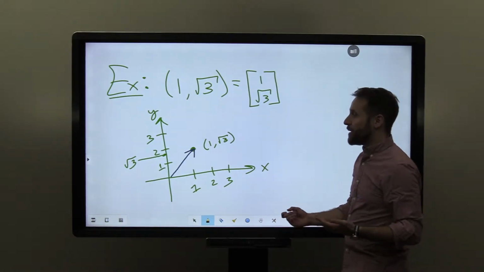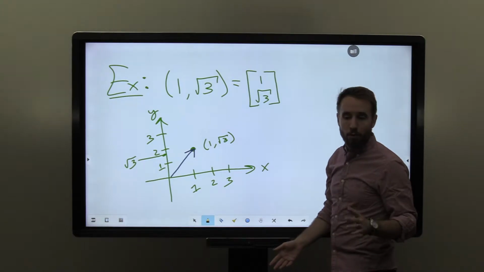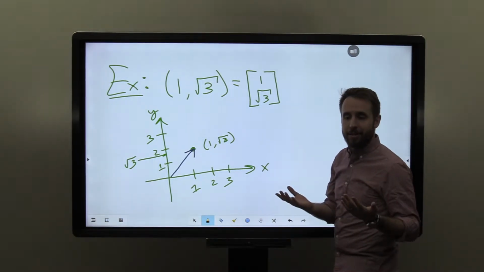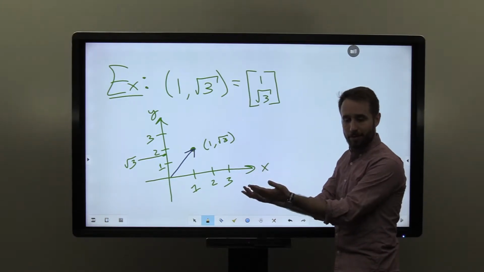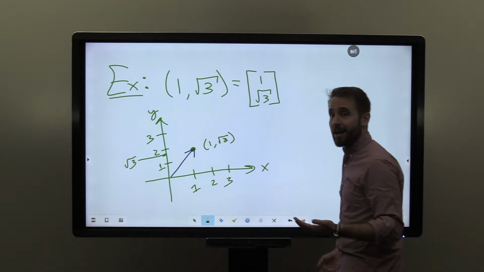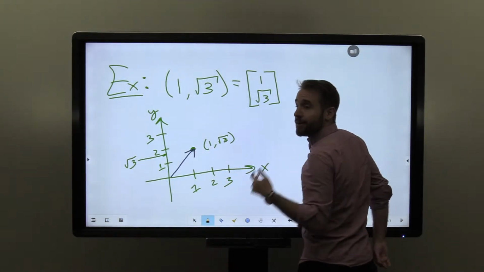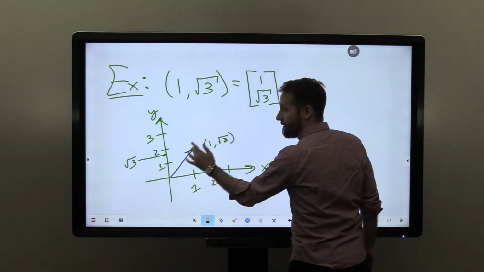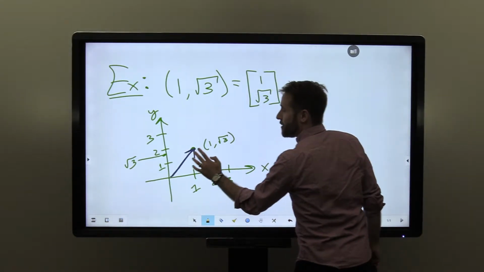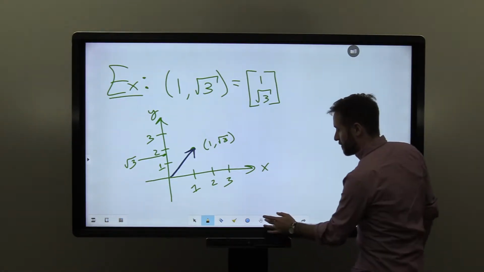For our purposes, we can think of these two objects sometimes interchangeably, or more accurately, it will be worthwhile to think of it in one form in one context and in another form for another context. So the vector 1 comma root 3 is either describing the point that's floating here, or describing the vector that's going from the origin out to the point 1 comma root 3.